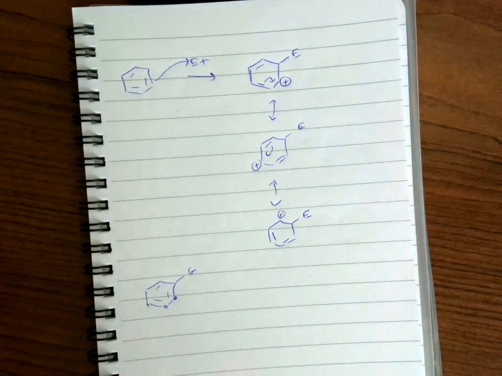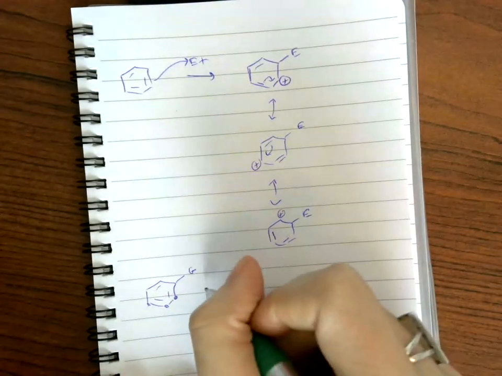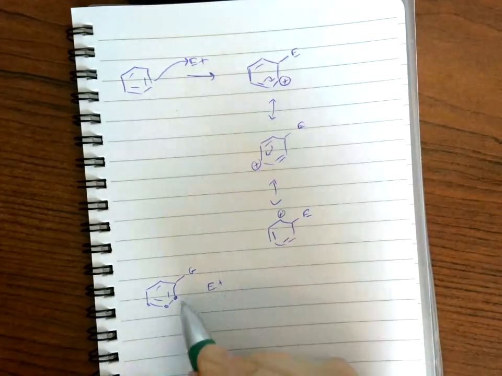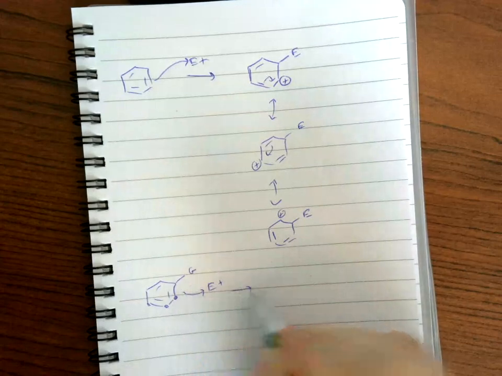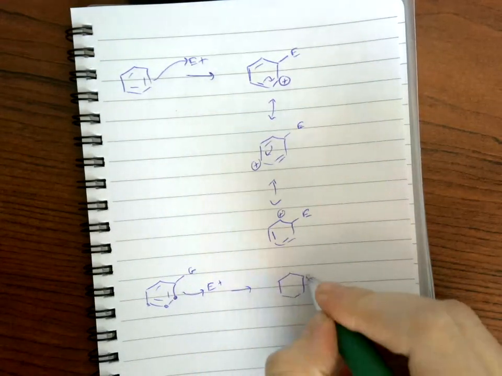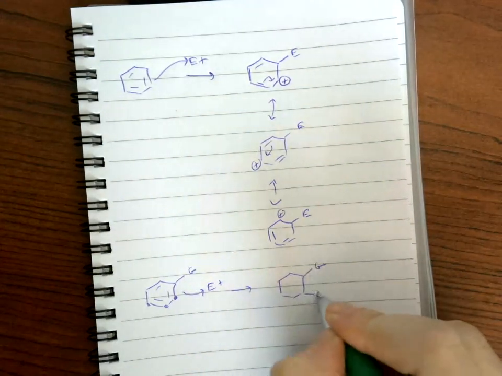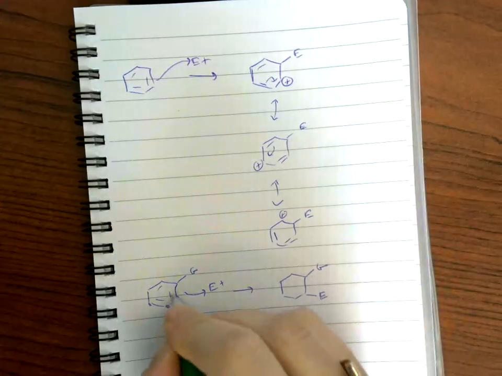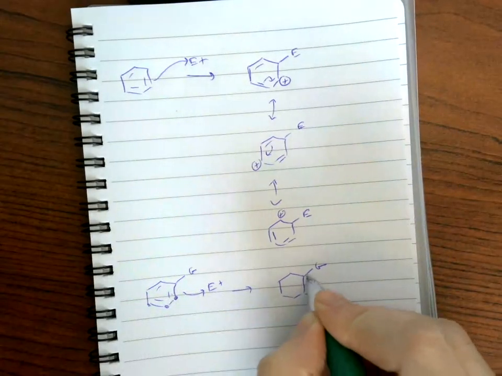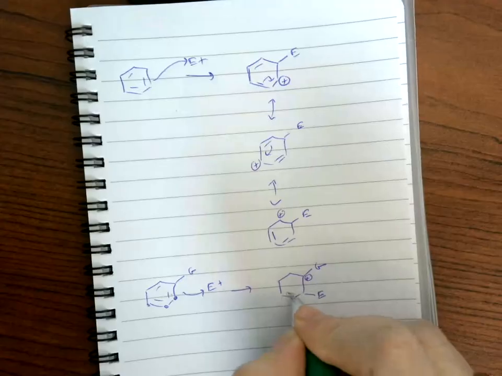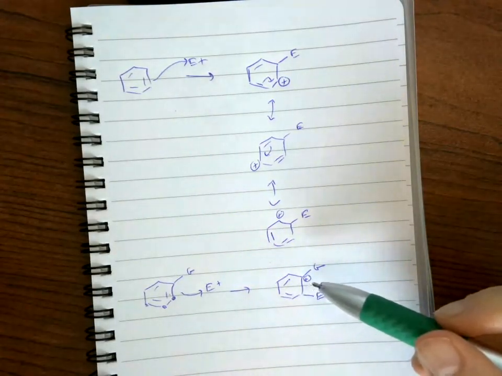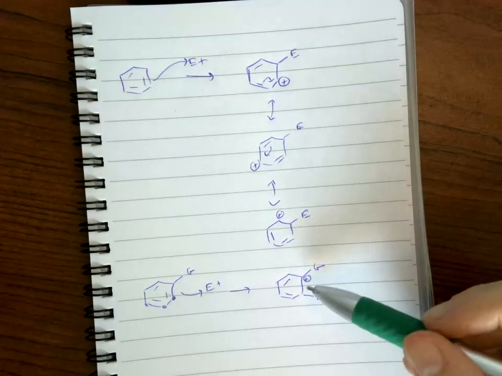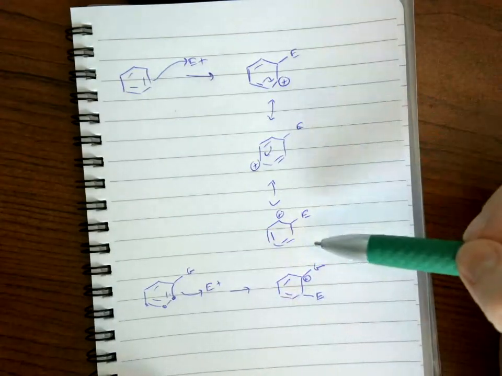I'm going to start with what happens when the electrophile adds ortho to your already existing group. Your group is right here, your electrophile is added right here, and it was the electrons in this bond that left. So there's a positive charge, just like there was before, right here. In this case, the positive charge will be stabilized around the ring, just like we saw up here.